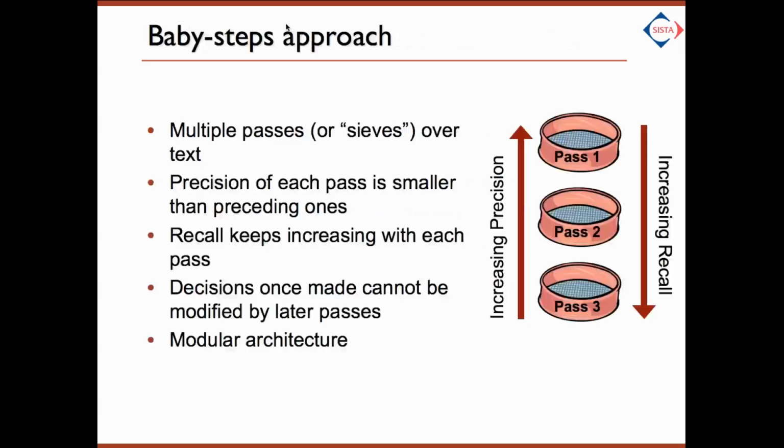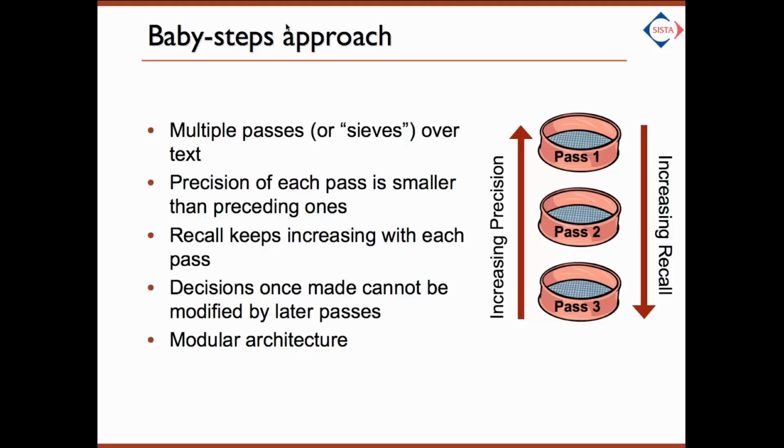So, the baby steps approach. This is sort of a visualization. We have a set of sieves. Each sieve contains a set of rules, and each sieve is applied in a separate pass over the text. So we take the text, we take a set of rules, we scan the text once, and we build some clusters. Then we take another set of rules which have lower precision, and we scan the text again.